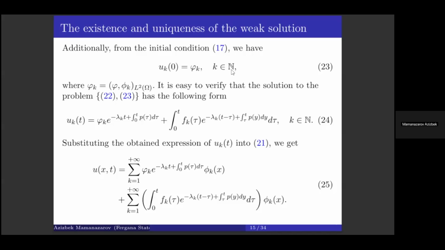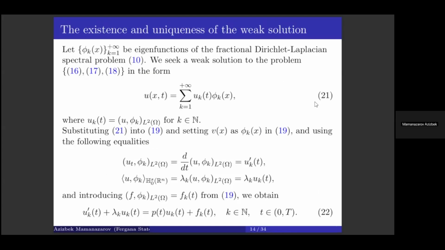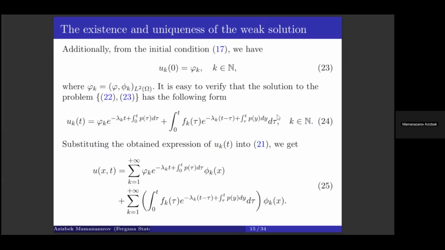It is easy to see that the solution of this Cauchy problem has the following form, formula 24. Substituting this expression of u k of t into 21, we get the following formal representation for the solution of our equation.